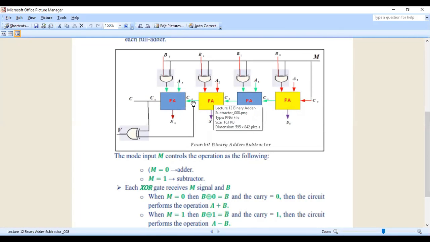What is the C3 value here? 1, and A3 value 0, and here B3 is nothing but 0 and M value is 1, 0 exclusive 1 is 1. So 1, 0, 1. What is the value? 1 1 0. So S3 we got 0, S2 0, S1 1 and S0 1.